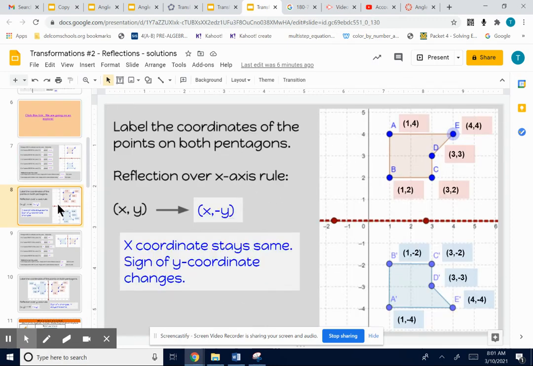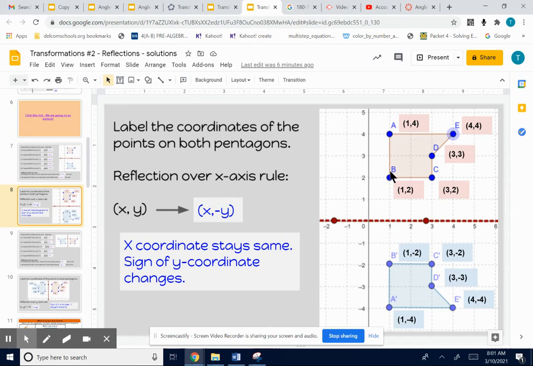If we look at the coordinates of the original shape compared to the coordinates of the reflection, I want you to notice what happens. A is (1, 4). A prime ended up being (1, -4).